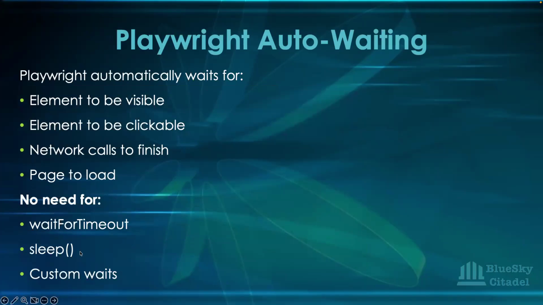But there's no need for it because it does this automatically. Also, there may be some times that you may need this, so there are methods you can use for it. You can design your custom waits.